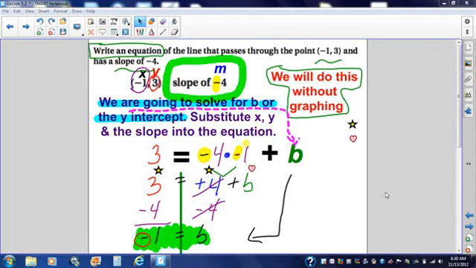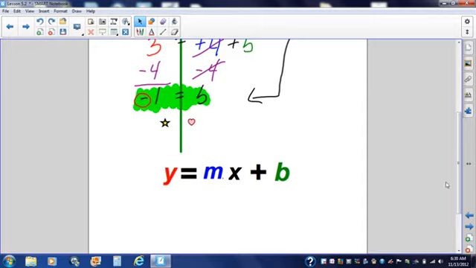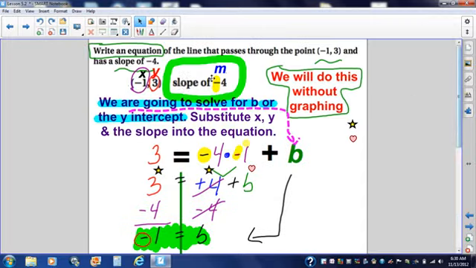Alrighty then, peeps. We wanted to write an equation. Well, I am going to write the equation, and you should write it again. Y equals mx plus b. I know that my slope is -4. So I'm going to take out my m, and I'm going to put -4 back in.